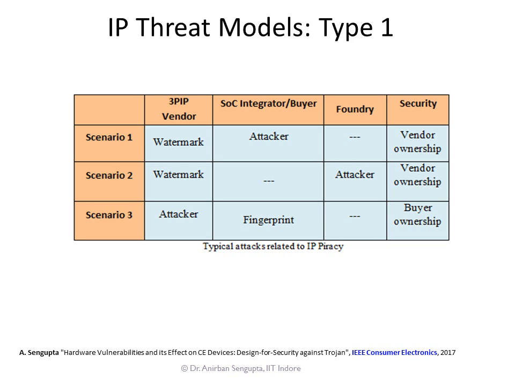In scenario number 2, we have a watermark in the 3PIP vendor, and here the attacker is in the foundry. Again, the vendor ownership can be secured, in this case using the secret watermark that has been implanted in the 3PIP. In the third scenario, the 3PIP vendor could be the attacker, and the SOC integrator could protect its design by implanting a fingerprint. So here the buyer is actually secured against the attack using the fingerprint.